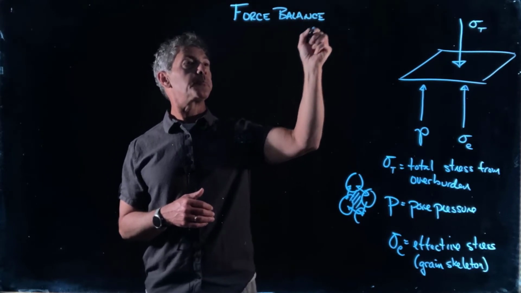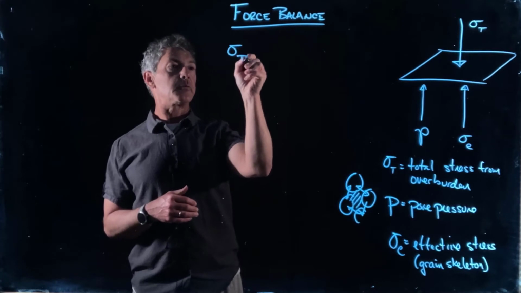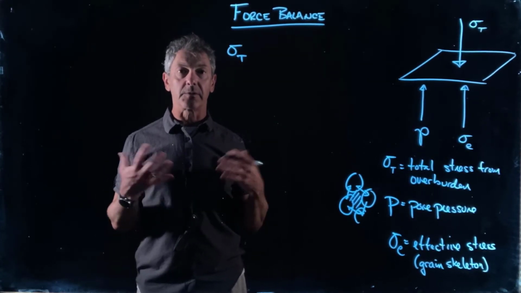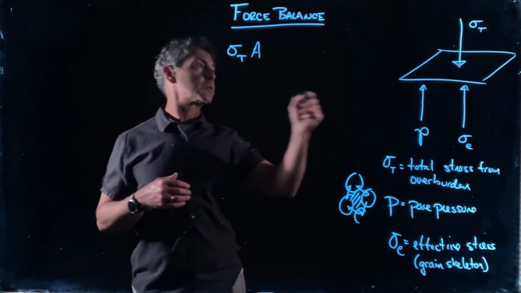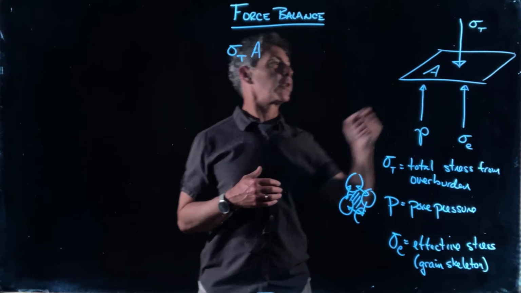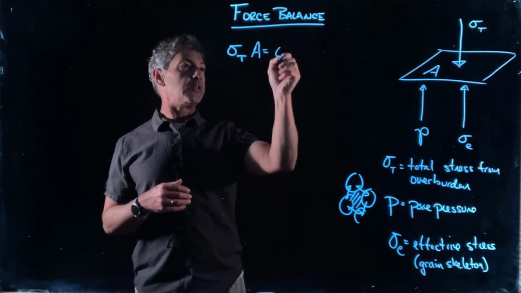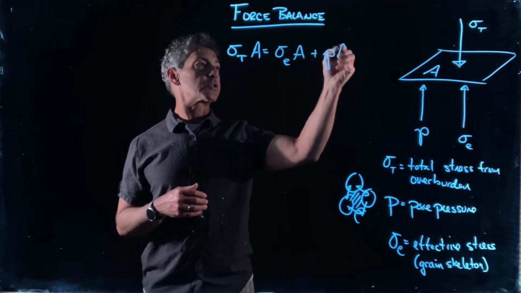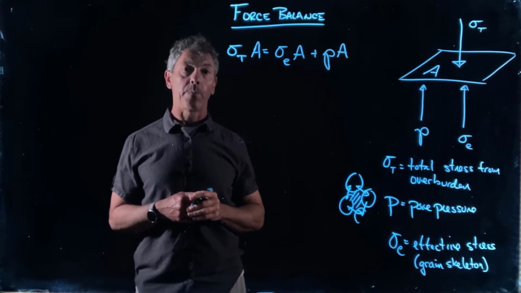On the plane, pushing down, we have sigma t. Now remember, a stress is a force per unit area. So because we're talking about force, I'm going to go ahead and multiply times the area of this plane. So pushing down is the total stress, and then pushing up is the effective stress plus the pore pressure, all times the area of that plane.